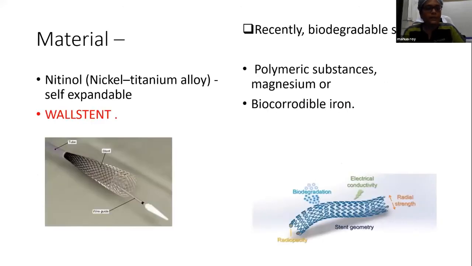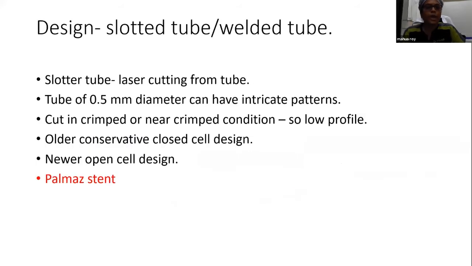Material-wise, the self-expandable stents are mostly made up of nitinol. And recently, the biodegradable stent is the talk of the town. They are in experimental stages, and various materials are used, like polymeric, magnesium, or maybe biocorrodable iron.